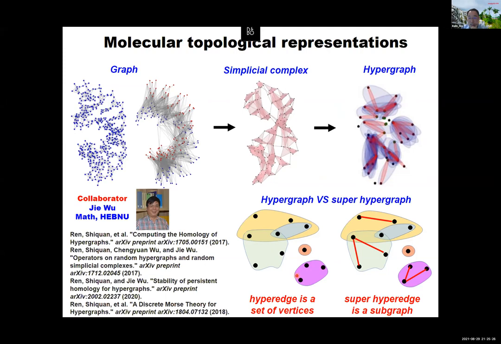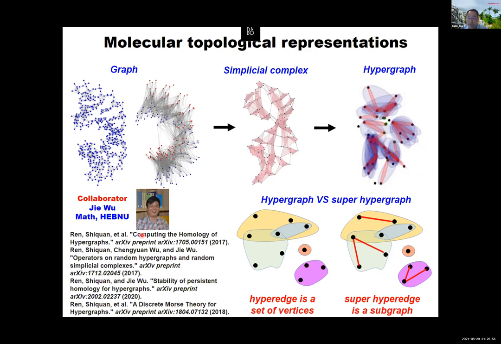Essentially, any set of vertices can form a hyperedge, and these hyperedges put together form a hypergraph. The good thing is that hypergraphs have much greater flexibility, but the boundary operator is not that straightforward to define on these hyperedges, because when you take the boundary operator, you may end up in situations where some elements do not exist.